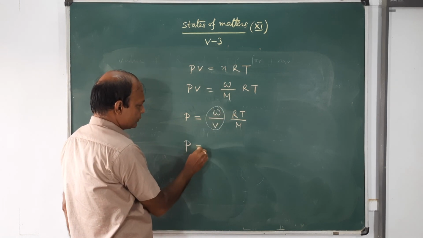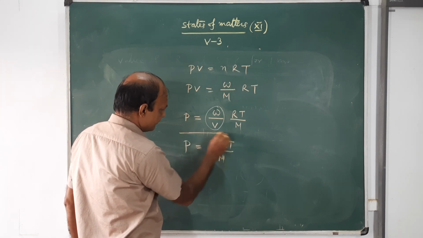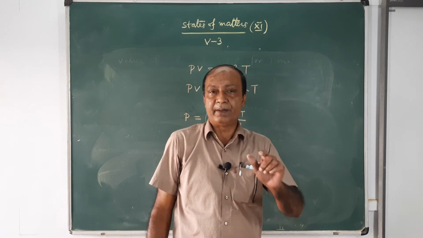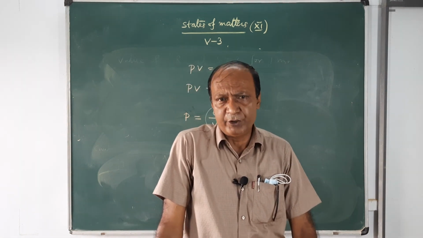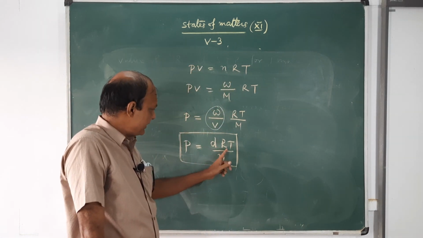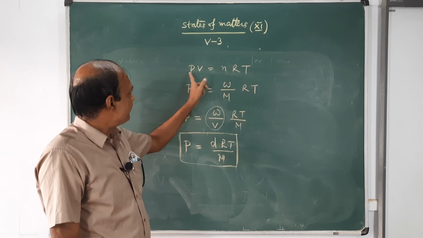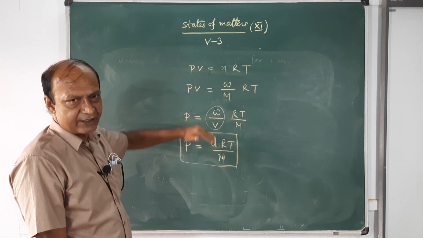So P equals dRT by M. This is another form. When the density of the gas is given in gram per liter or gram per centimeter cube, you can apply this formula. P equals dRT by M, PV equals W by M into RT, PV equals nRT. These are the different forms of the ideal gas equation.